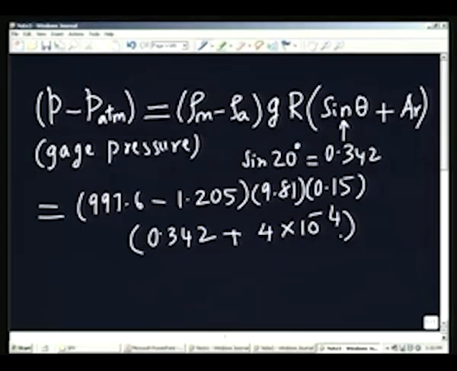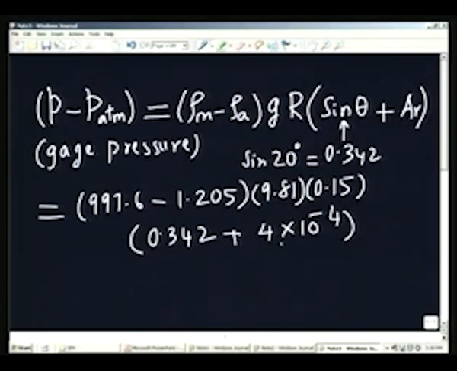Actually, you will notice one thing, because the well is of very large diameter compared to the diameter of the tube, the area ratio is very small, and actually this is negligible compared to this. This is 4 units in the 4th decimal place. Therefore, we can say that this is quite negligible.